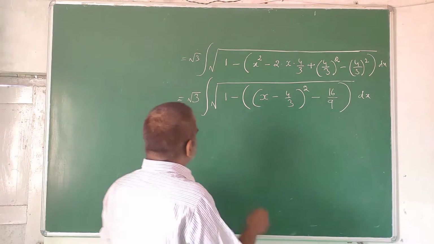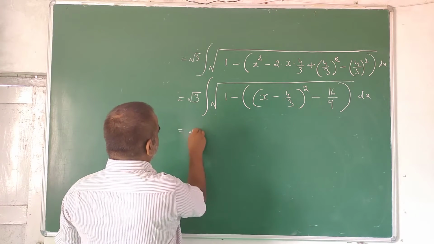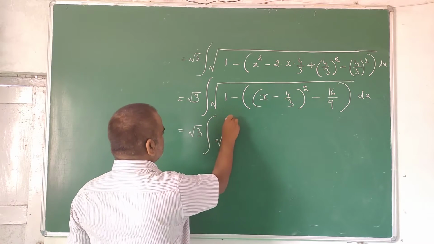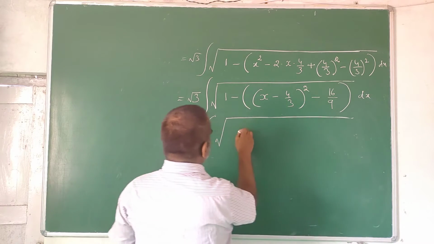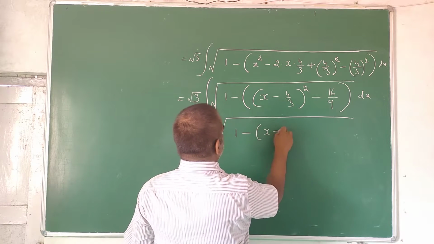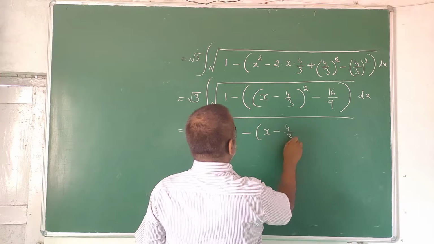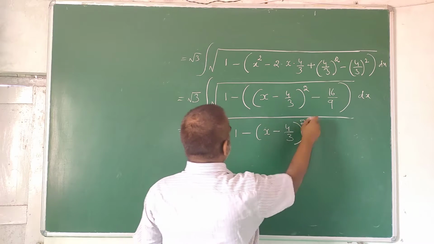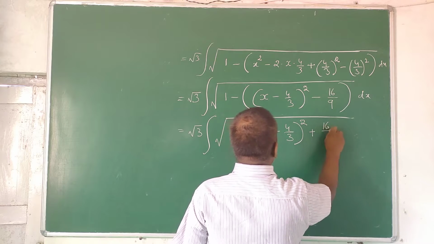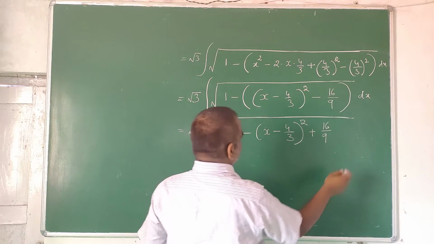Understood? So this is equal to root 3 into integral root over 1 minus x minus 4 by 3 whole square, minus into minus plus 16 by 9 dx.